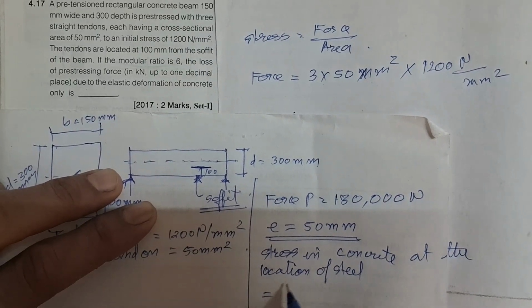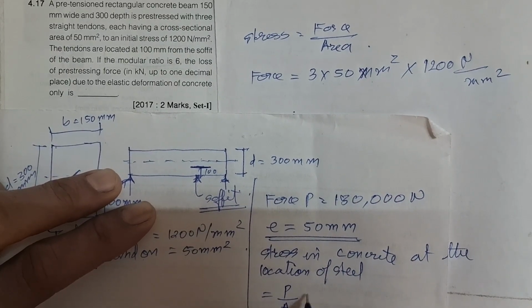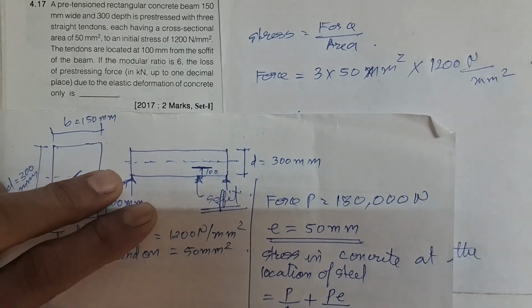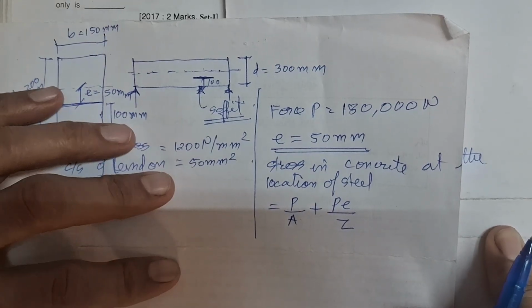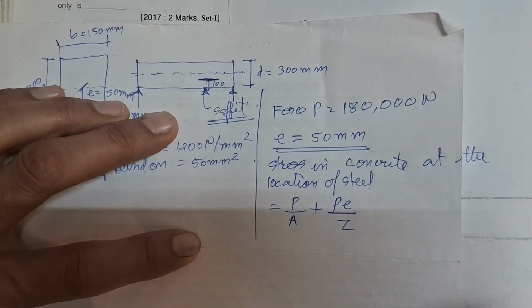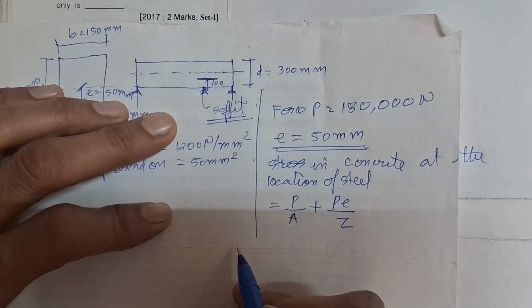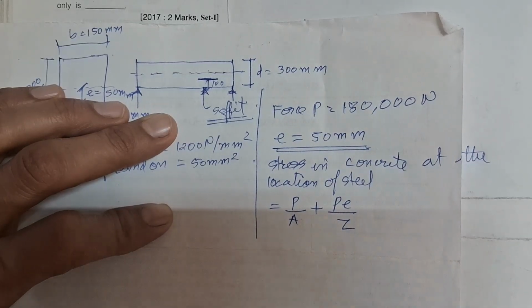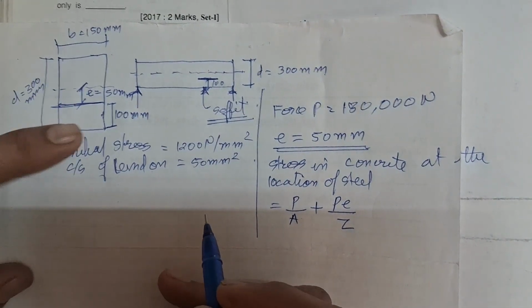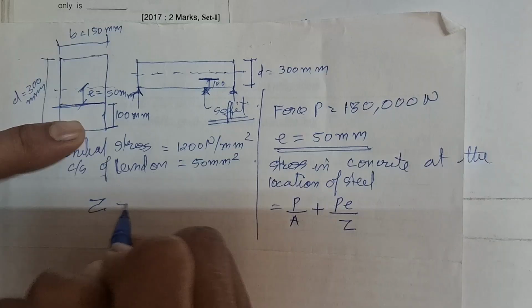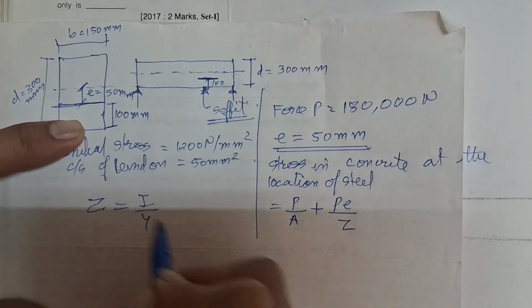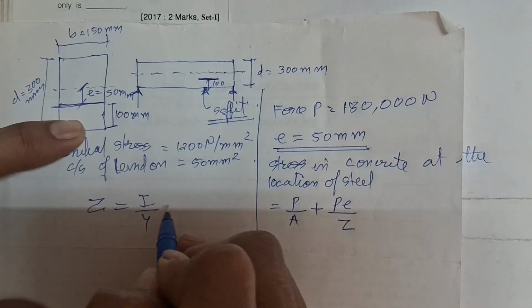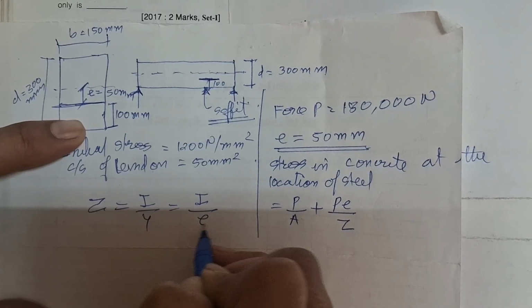Here the formula is P by A plus Pe by Z. First of all, we need to find out the value of Z. Z is I by Y, but in this case Y will be the eccentricity, so Z is I by e.